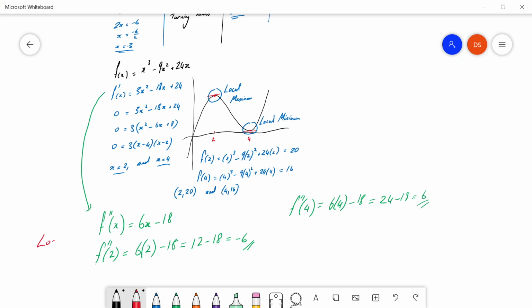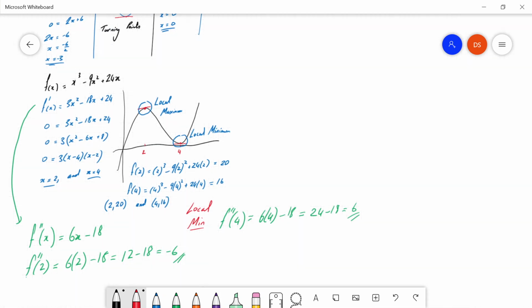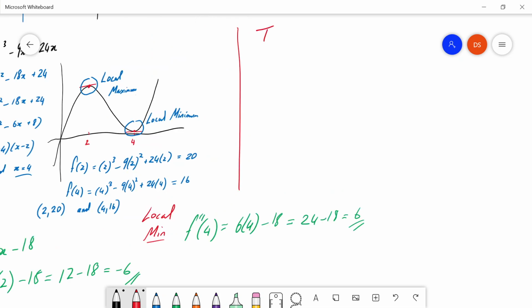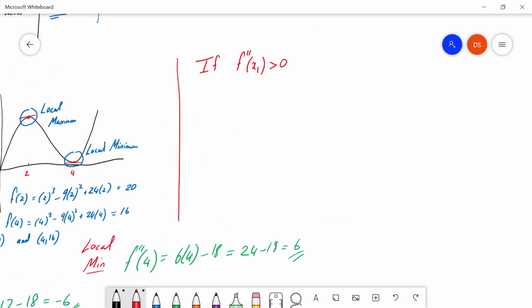Notice that the local maximum has a negative second derivative and the local minimum has a positive second derivative. So we can identify whether it's a local maximum or a minimum based on the second derivative. If the second derivative at a point is greater than 0 or positive, then x1 is a local minimum.